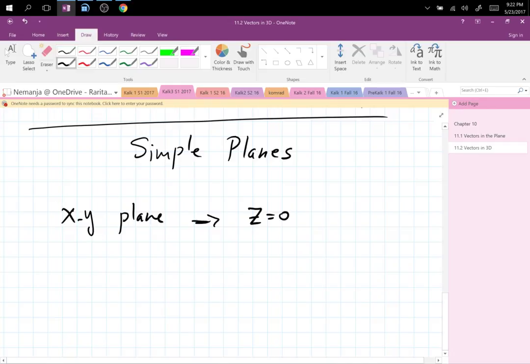But z is always 0. So that's that one coordinate that can describe the entire plane. You can have whatever you want for x and y, z is pinned to be 0. So I can describe the entire floor, which is the xy plane, as z equals 0.